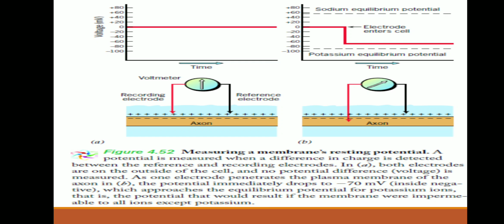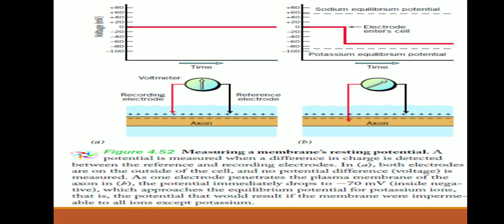In this diagram, we have taken a voltmeter which will detect the difference in voltage. First, the recorder and the reference electrode are outside the membrane, which has 0 voltage.